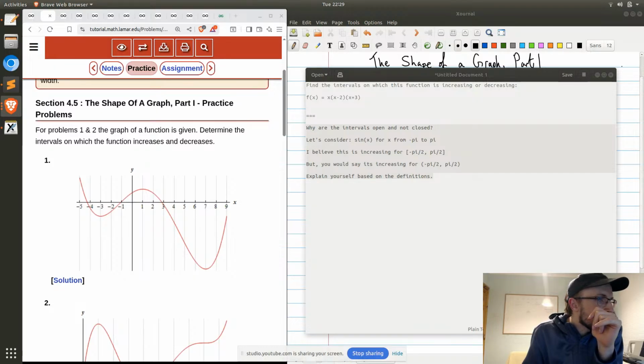Okay, I get it now. There are two conventions at play: non-decreasing and strictly increasing. And what I've got to assume is strictly increasing.